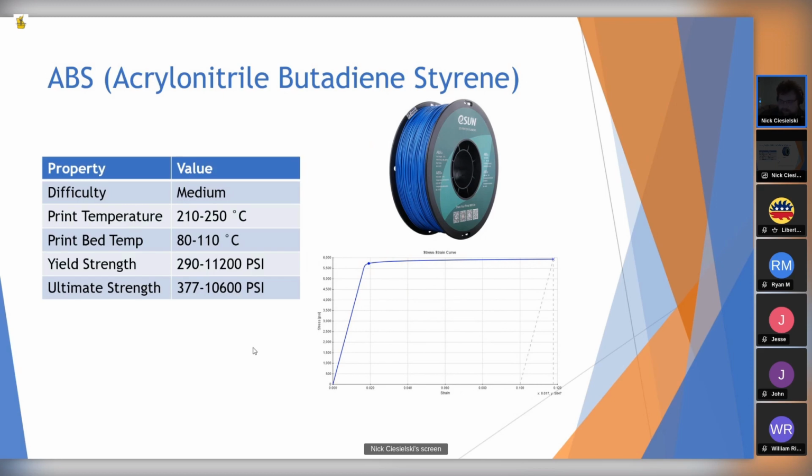It goes a little higher in temperature, but it's stronger, and ABS is used in a whole lot of different commercial products. So it's definitely a stronger material, but you're going to have to deal with shrinking and warpage to print it. So it's a little bit more of a challenge.